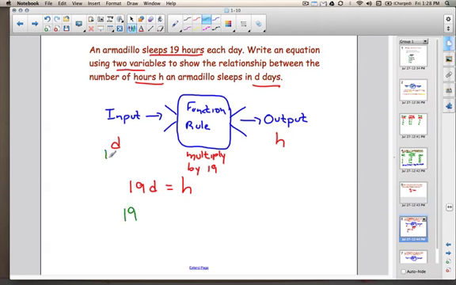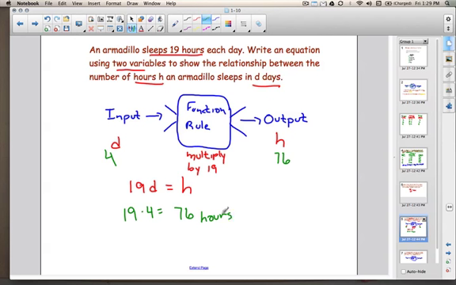And we're going to take 4 and multiply it by 19. And 4 times 19 is 76. So that means over here on the end, you're going to get out 76, or 76 hours.